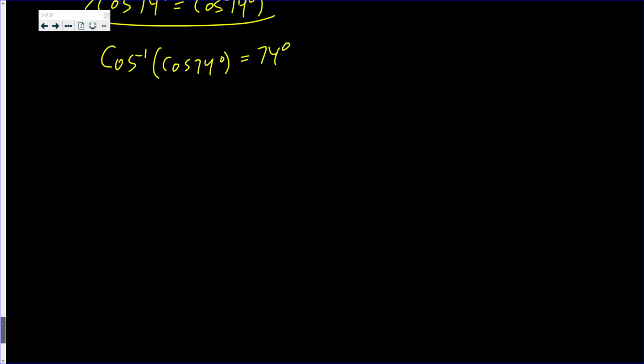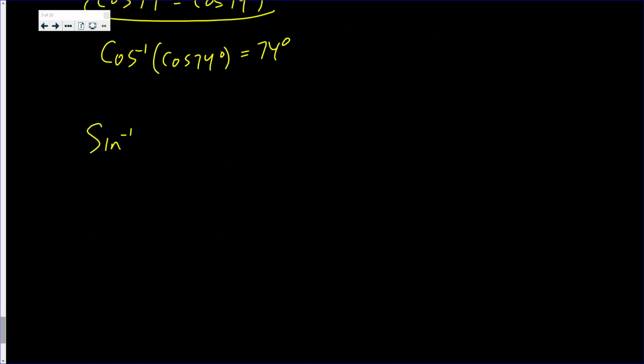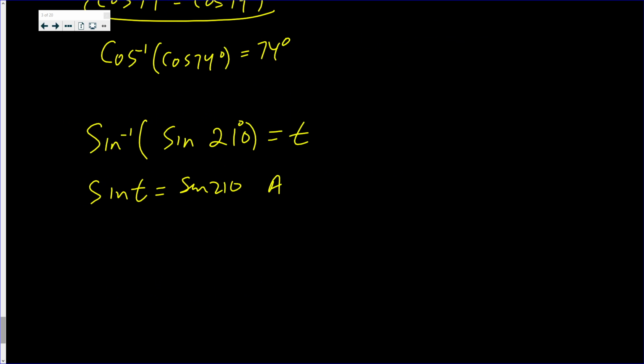What about the sine inverse of the sine of 210 degrees? Well, like always, let it equal t. This means that the sine of t is equal to the sine of 210.